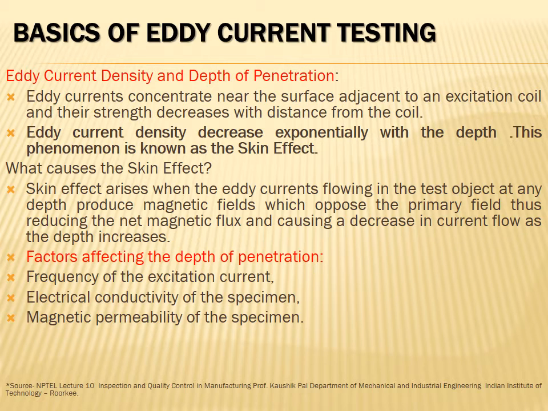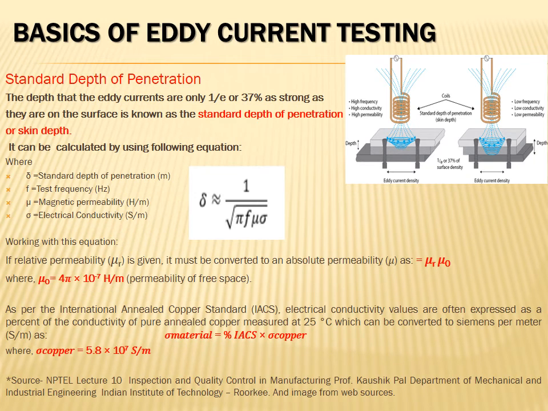So the most important thing is the factors affecting the depth of penetration. Number one, the frequency of the excitation current; number two, the electrical conductivity of the specimen; and the magnetic permeability of the specimen. So what is the standard depth of penetration?